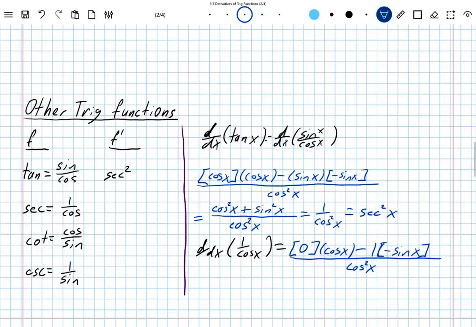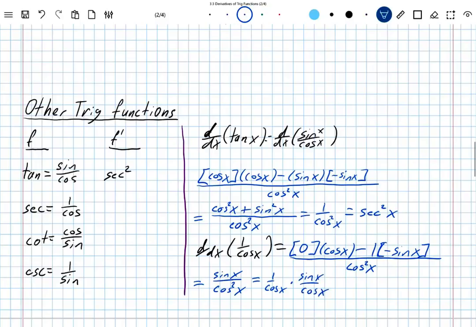Great. If I clean that up, what I get is a 0 minus minus is a plus, so just sine of x over cosine squared x. That's not that bad. But I think I could write this better. That looks to me like 1 over cosine of x times sine of x over cosine of x.